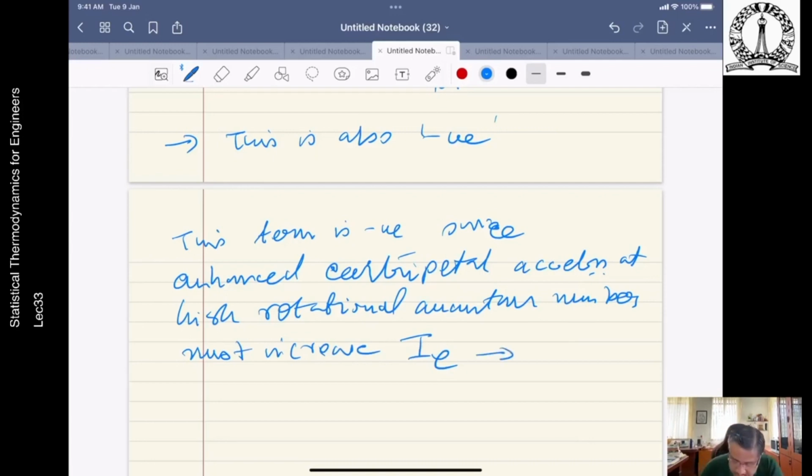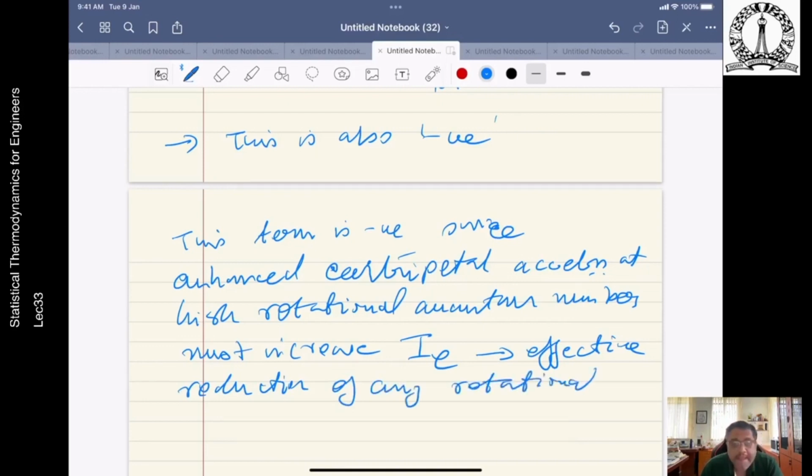Therefore, this leads to an effective reduction of any rotational energy.